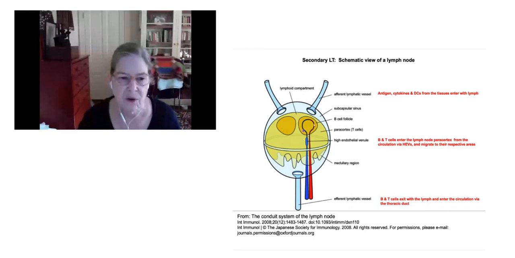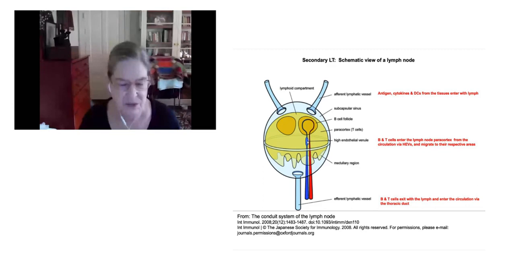So B cells are in the cortex, or the outer part where there are follicles, and T cells are in the paracortex. And so what's happening is that the T cells and B cells recognize this region of the lymphatics, of the venule, which is a small vein.